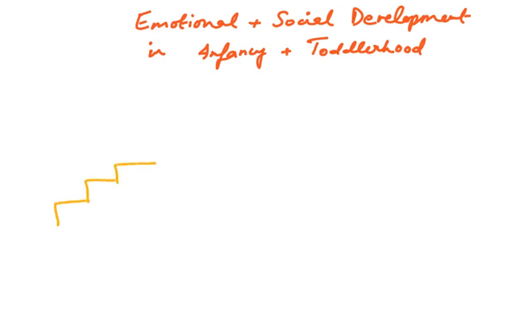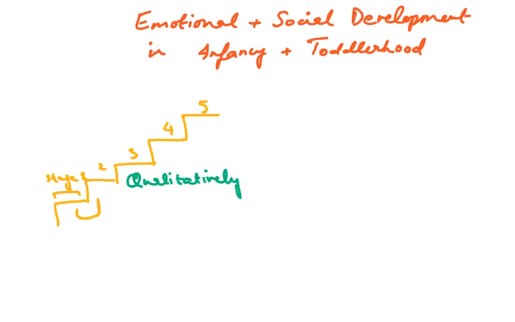This is the best diagram that represents such theories, because these theories posit that each step here is a stage. So this is stage 1, let's say, this is stage 2, this is stage 3, this is stage 4, this is stage 5, and each stage is qualitatively different from the stage right next to it.